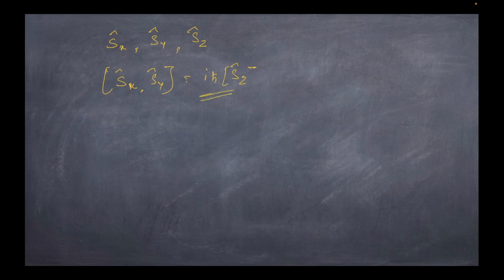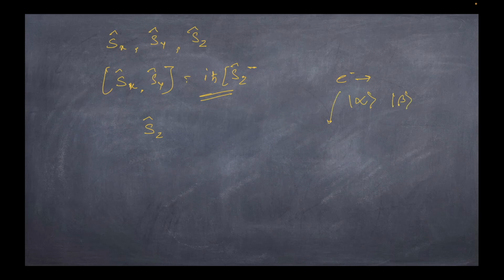Now if we operate Sz, the z component of spin angular momentum, on a spin eigenfunction, for an electron there are two spin eigenfunctions. One is the up spin eigenfunction, denoted by alpha, and another is the down spin eigenfunction, denoted by beta.